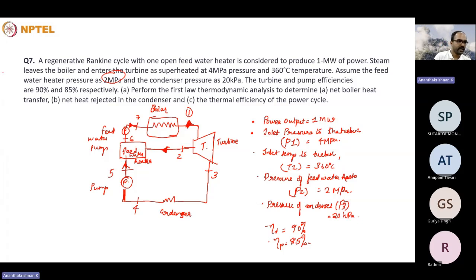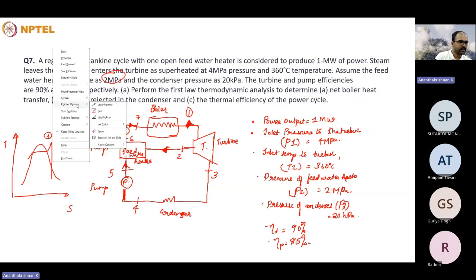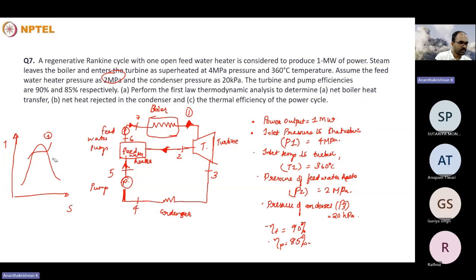So on a TS diagram, on a TS plane, it could be drawn as, this will be the point 1, and then there will be a straight line if the whole process would have been isentropic, but it's not.